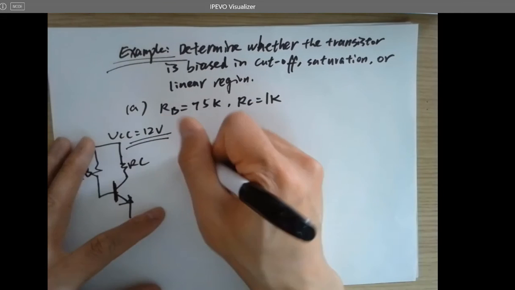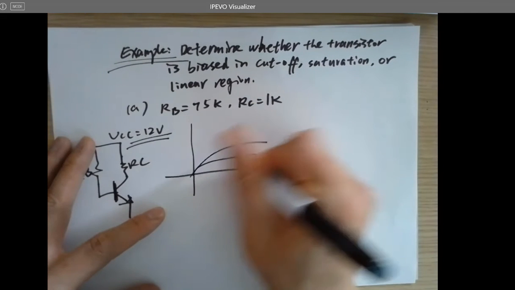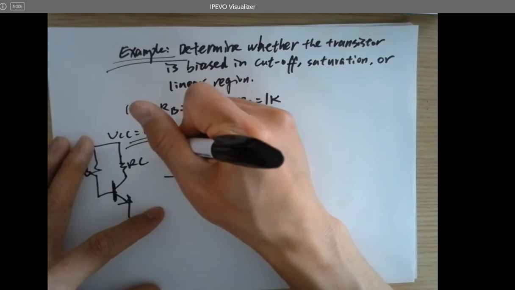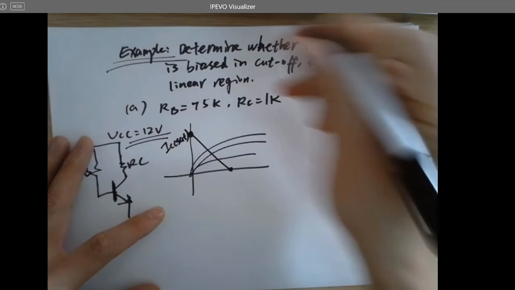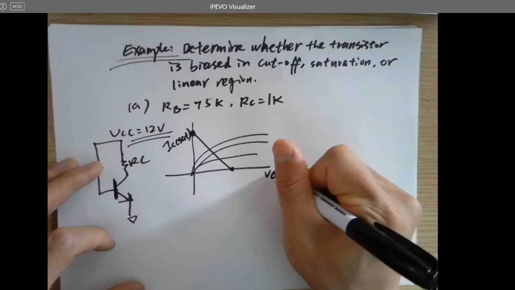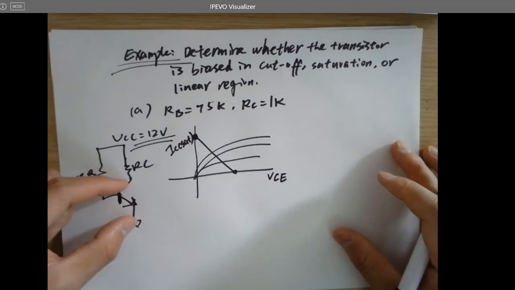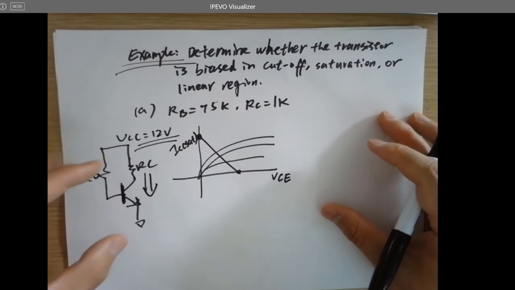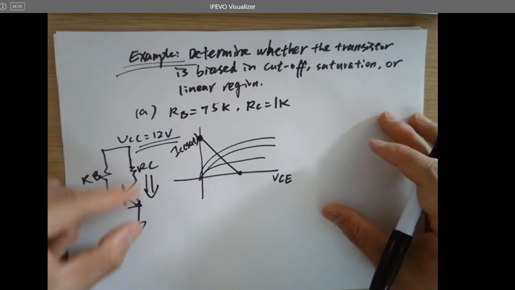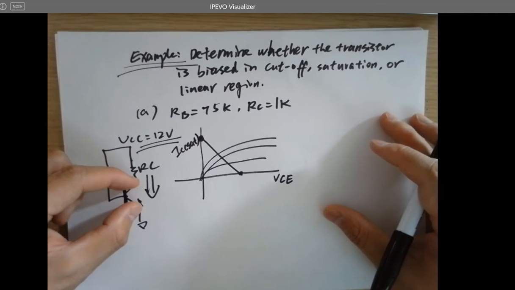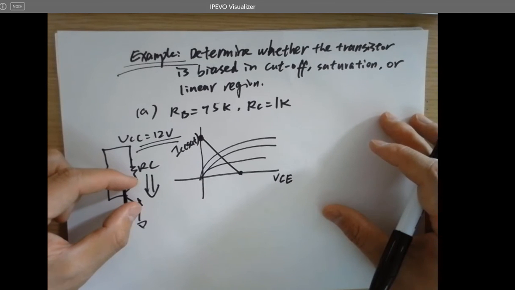Since you know the IV curve looks like this, right? And that's a load line, and you have an IC set for this NPN. When VCE is 0, which means the maximum current that can possibly flow from top to bottom will be when VCE is 0.